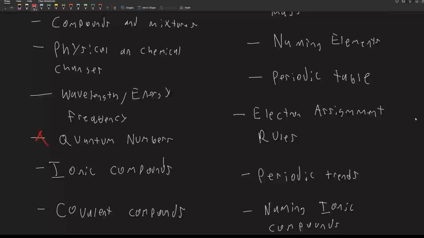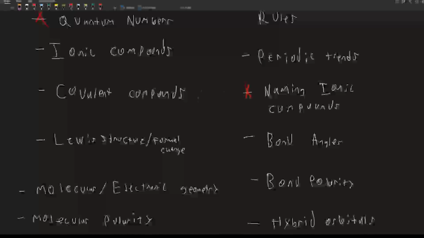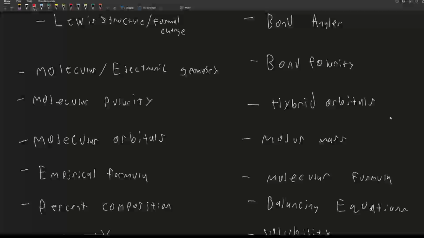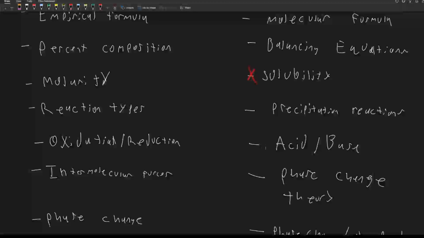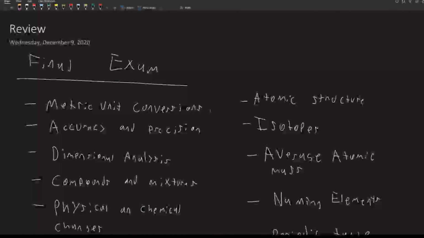They don't need to know naming ionic compounds, hybrid orbitals, molecular orbitals, or solubility rules.